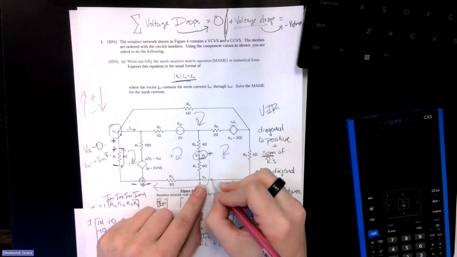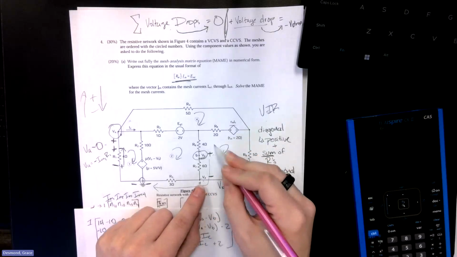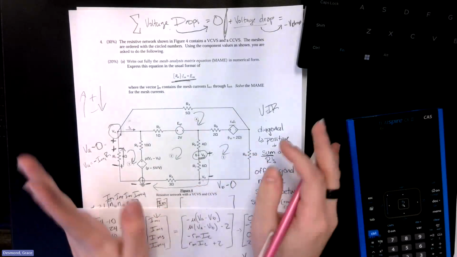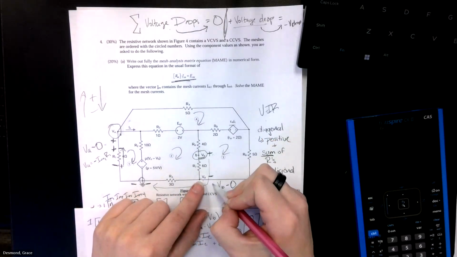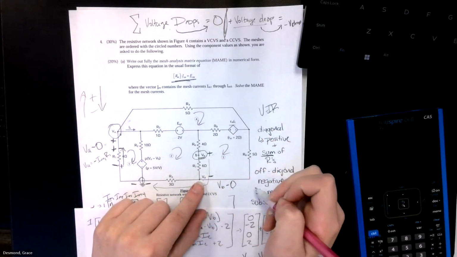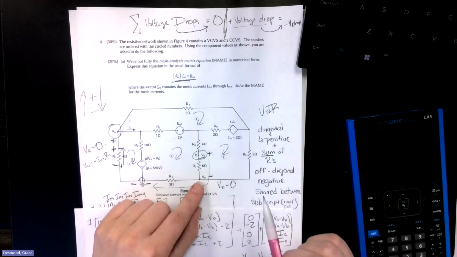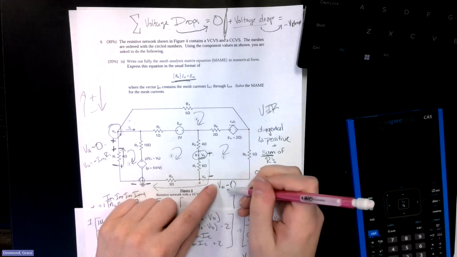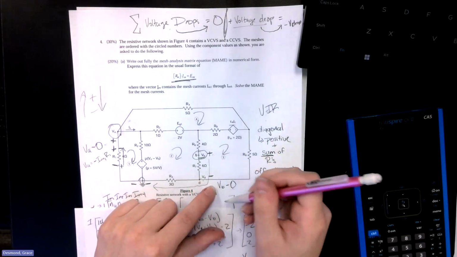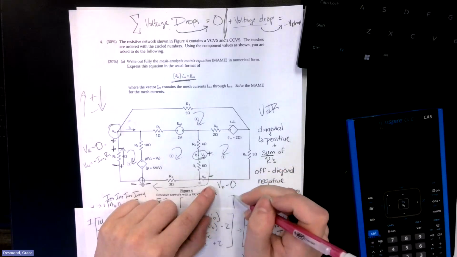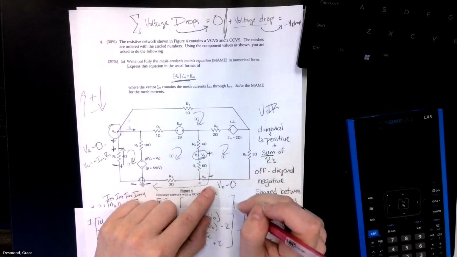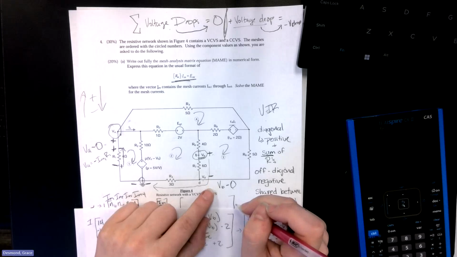Typically, passive sign convention says that that is a positive, and rises are negative. So whenever we are looking for dependent sources, we are looking for positive voltage drops. Goodish. Okay.